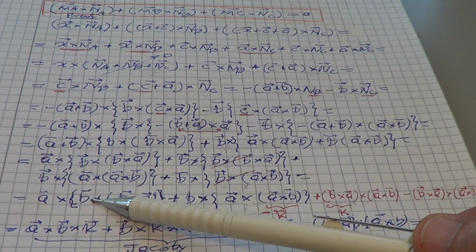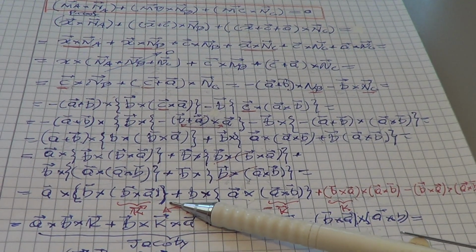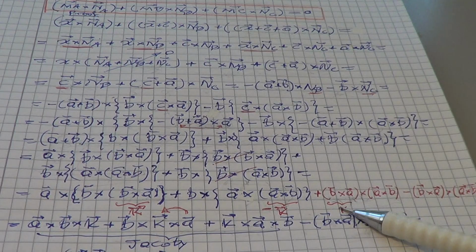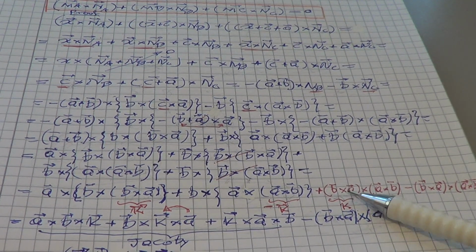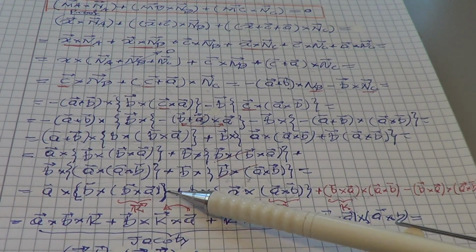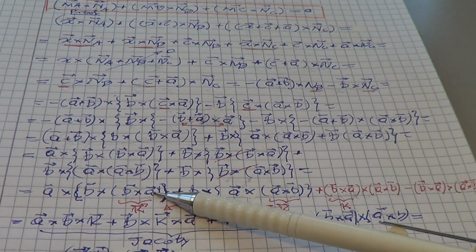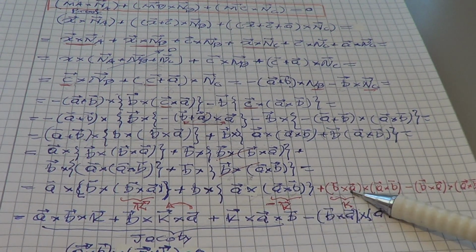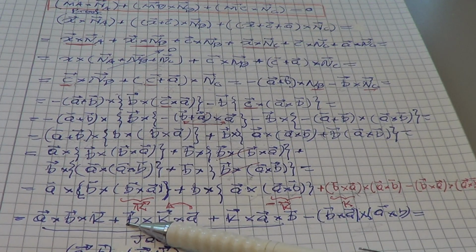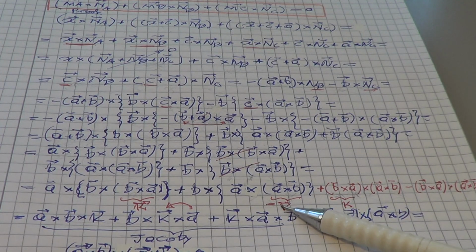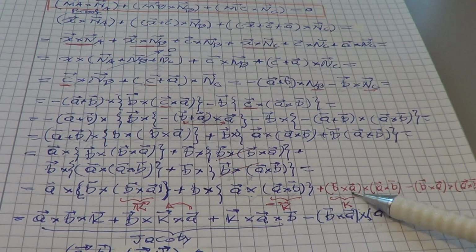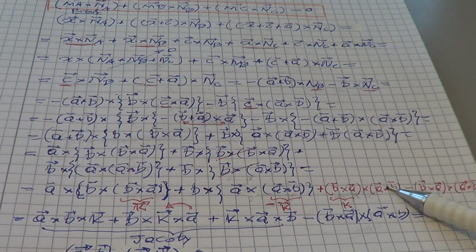Therefore, you have A cross B cross A plus B cross A cross B, and now we add and subtract the expression B cross A cross B. Now if we call the pseudo vector B cross A by K, this is minus K and this is K, and therefore this expression becomes A cross B cross K plus B cross K cross A, because the minus becomes positive as we have reversed the cross product, plus this expression K cross A cross B minus this one.